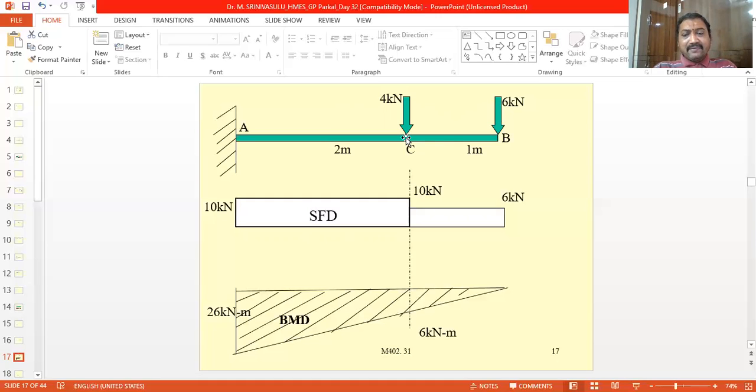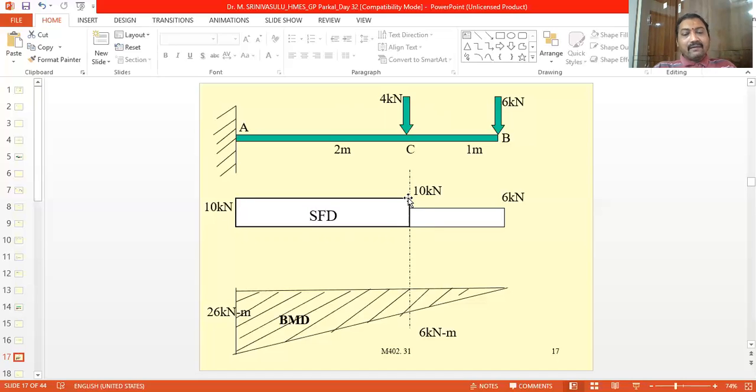The shear force acting between B and C is equal to 6 kN, and exactly at point C the shear force increases from 6 to 10 kilonewtons. So the 4 kN is adding here. This width is indicating 6 kN, and here this is the 4, and the total is 10 kN.